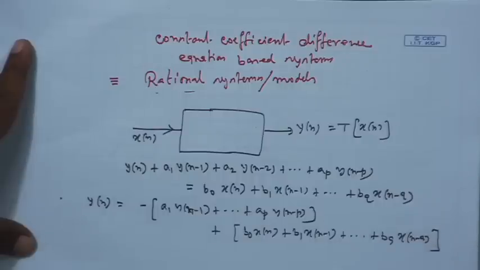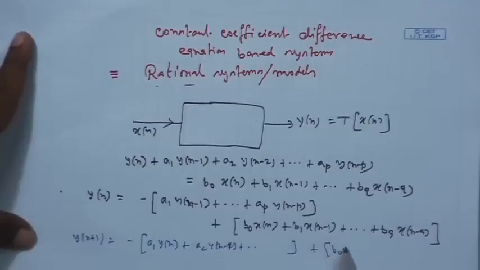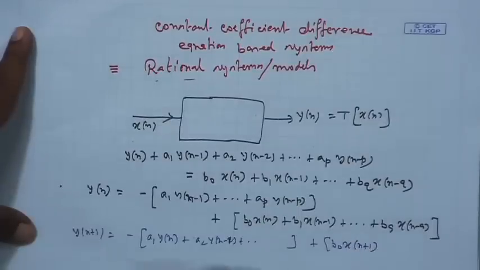Then when you go for the next index y n plus 1, this becomes minus a 1 y n, then a 2 y n minus 1, and dot dot dot, and again b 0 x n plus 1, because n plus 1 is the current index.